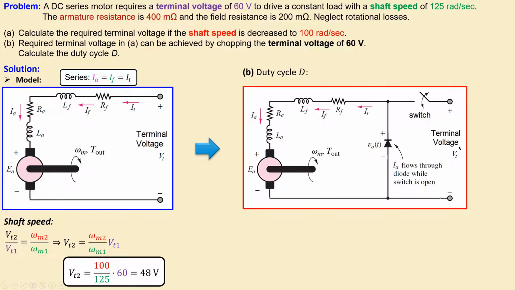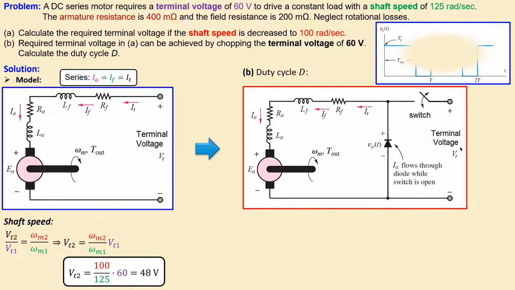If I now look at the situation and I have a situation like this, that this is the terminal voltage at this level, and I go down to 0, and again I go up and I go down, I see in one period I have a situation that this is on. So that means actually the switch is closed, so I will apply this VT, but there's also some percentage of the period that this is just open.